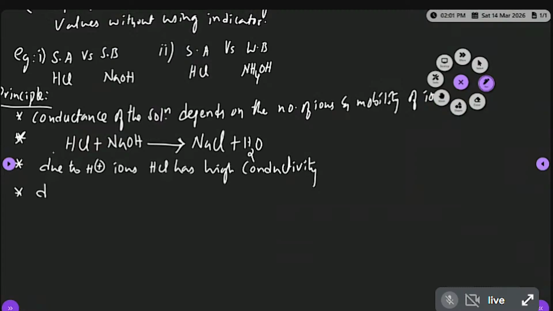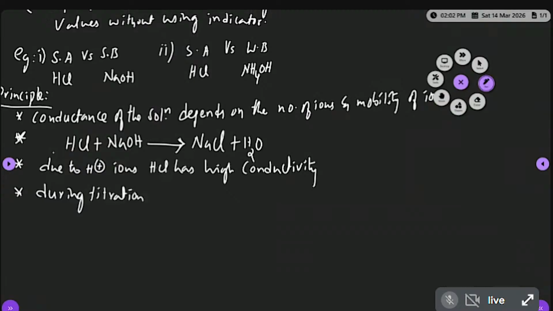Next, during titration, what do we add? We are adding NaOH solution. Now, in the titration set, what are the requirements? Burette, pipette, and conical flask. Okay, beaker, etc.